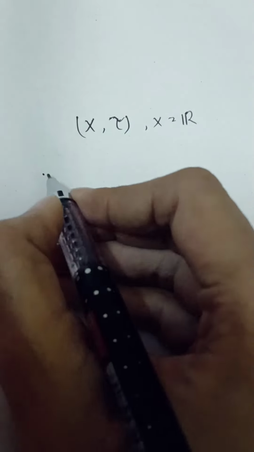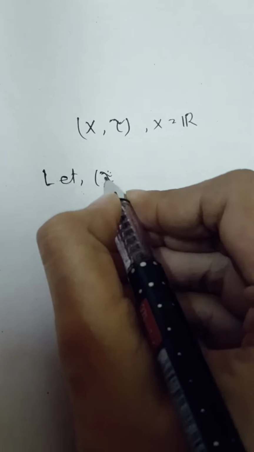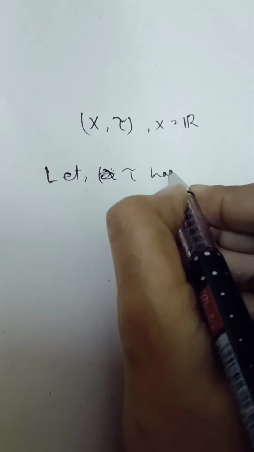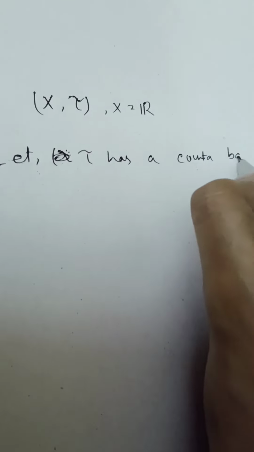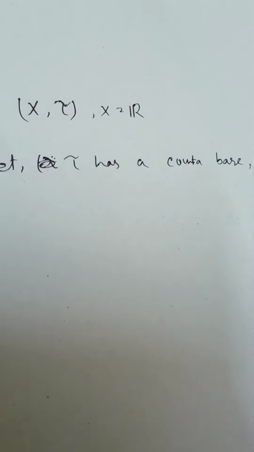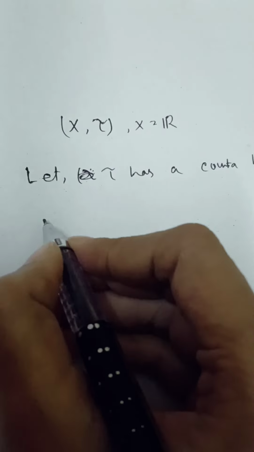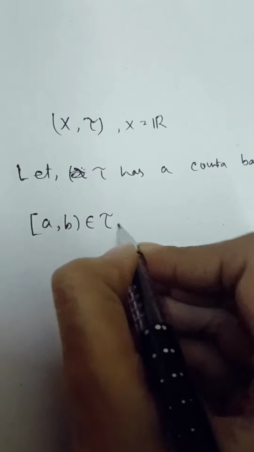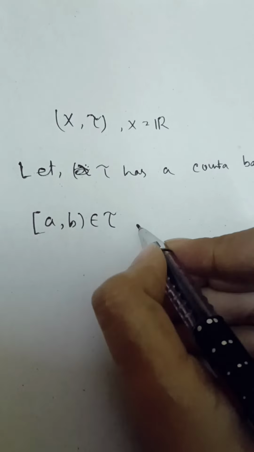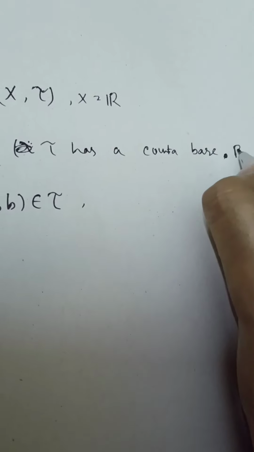Okay, so now if possible, let tau have a countable basis. Countable base. We are assuming this. So for any set that belongs to tau, there must be an element from the countable base.